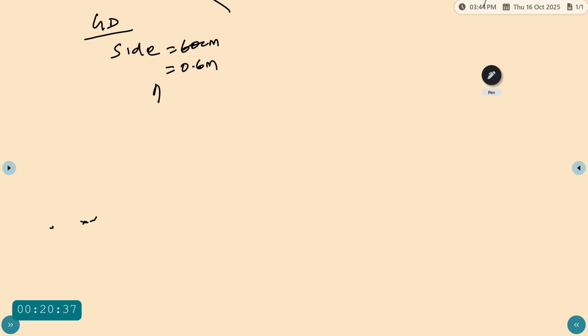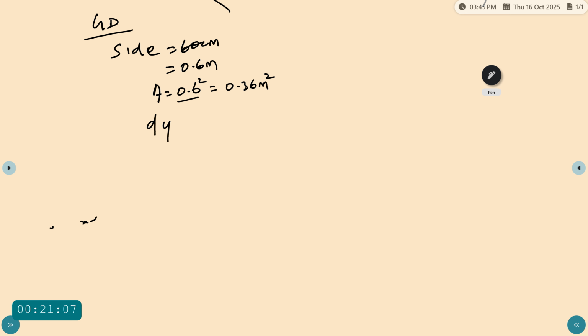The area equals side into side, 0.6 square. What is the value of 0.6 square? 0.36. So we need the area of the plate, 0.36 meter square.